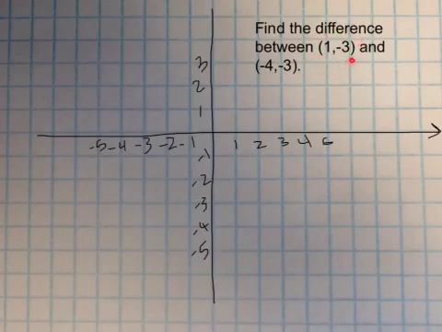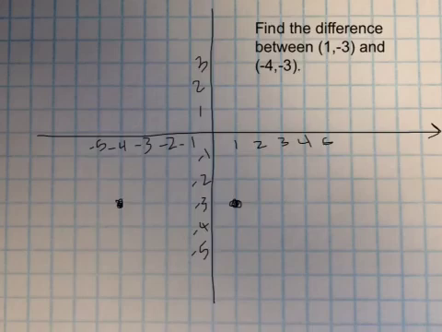We'll start with the ordered pair 1, -3. So we're going to start at 0 and go 1 on the x and -3 on the y, and that puts us right there. Now we're going to plot the ordered pair -4, -3. That's -4 on the x, -3 on the y, and that puts us right there.